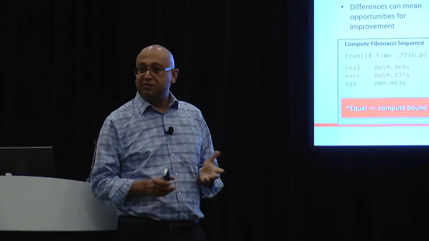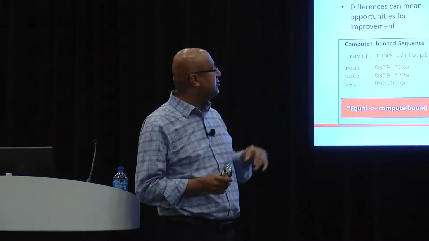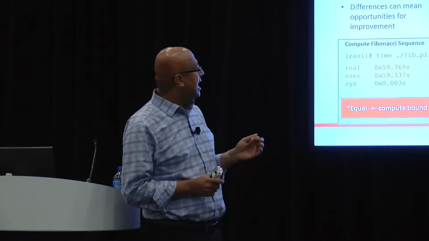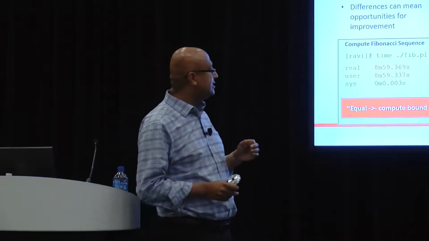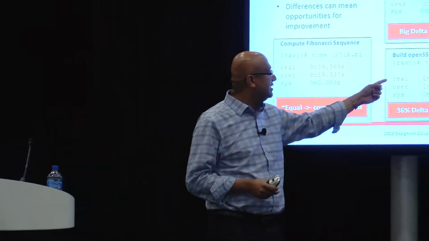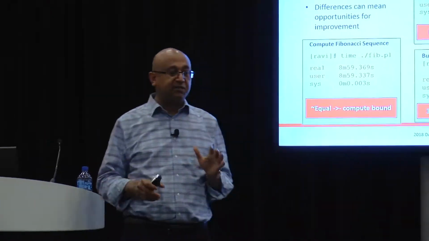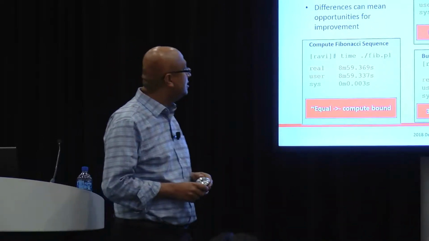Create 10,000 files: you would expect that to be I/O-bound, and it is, because you can see the delta there is pretty enormous. The last one's pretty interesting. It's a software build. I built OpenSSL, and even in this case there's a 36% delta, which means 36% of the time is being spent on things other than CPU, and oftentimes that is storage.